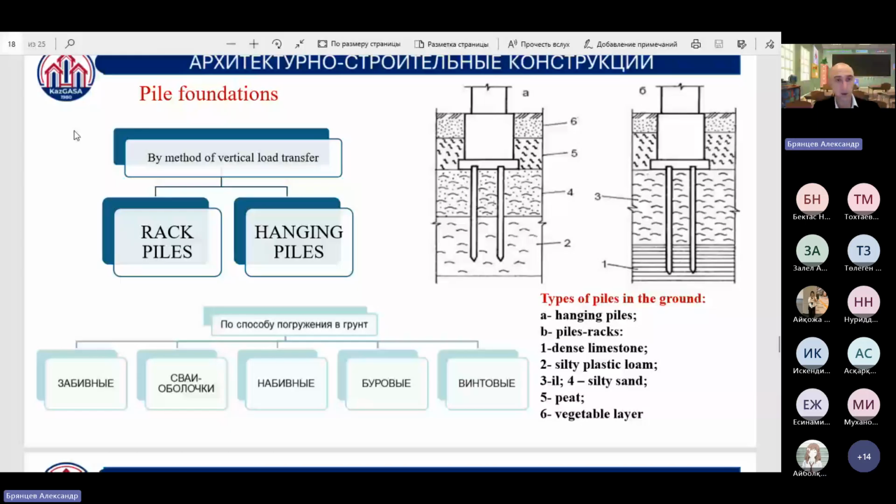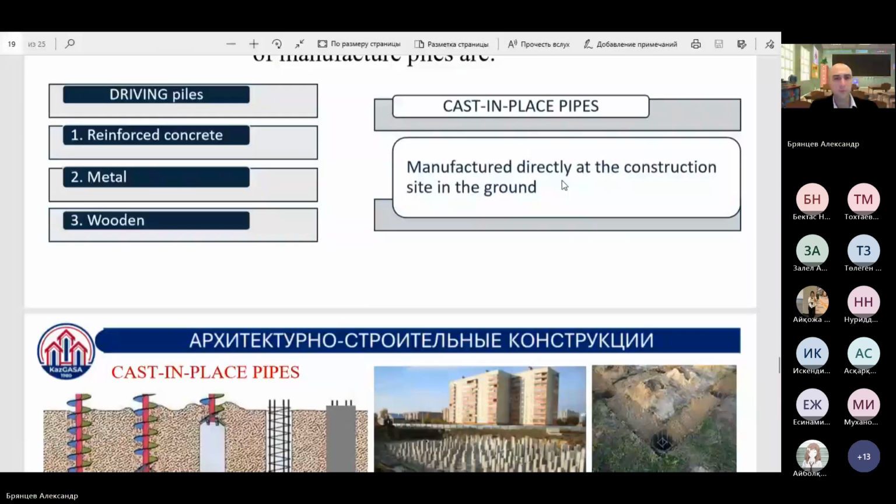Also, there are variants of driven piles, shell piles, cast in place piles, bored piles, screw piles, and so on. So various types of piles are accepted according to the right calculations, according to the soil conditions, and so on.